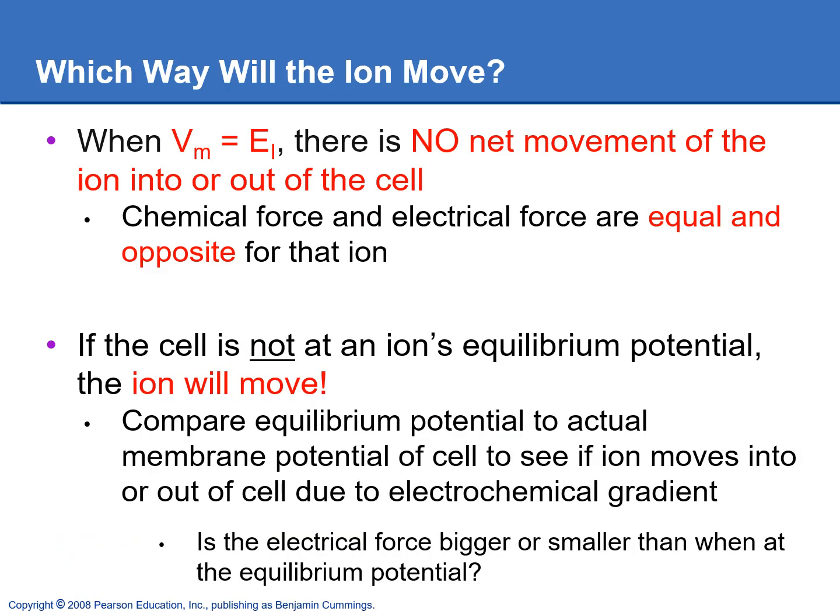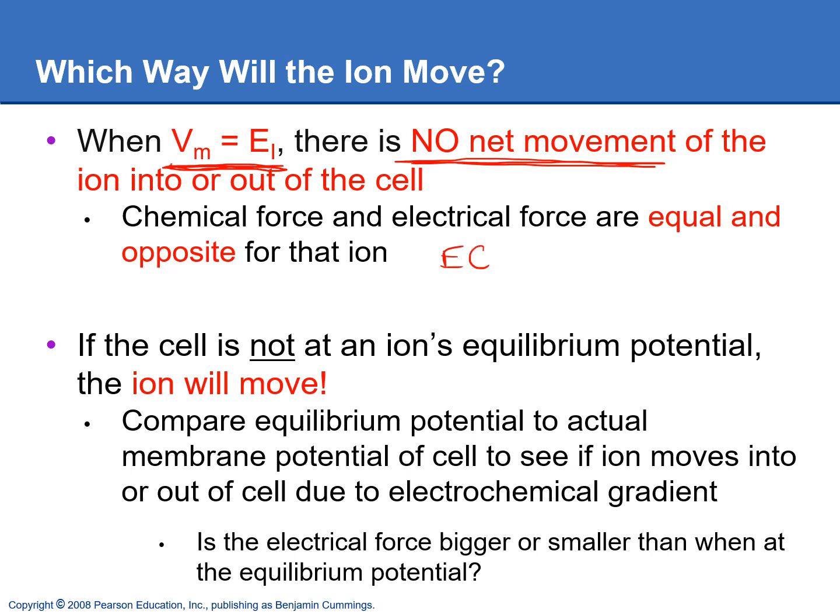So this is really important to remember and understand. When the cell's membrane potential is the same as the ion's equilibrium potential, that means that the ion's at equilibrium and there's going to be no net movement of the ion in or out of the cell. So the ion's chemical and electrical forces are equal and going in opposite directions, and so they cancel each other out.